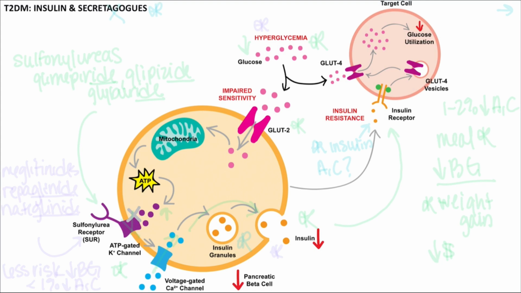We are first going to discuss agents that fall into this group called the insulin secretagogues, which include two drug classes, the sulfonylureas and the meglitinides, both of which stimulate pancreatic beta cells to release insulin. And a lot of times patients will refer to these as their insulin-releasing pills. We will start off with the sulfonylureas.